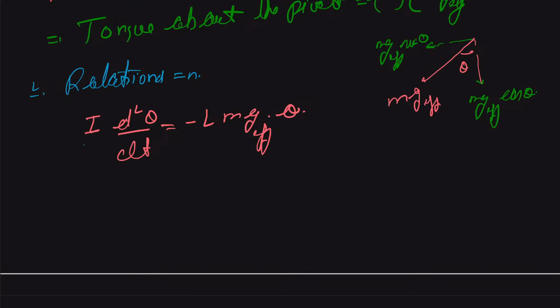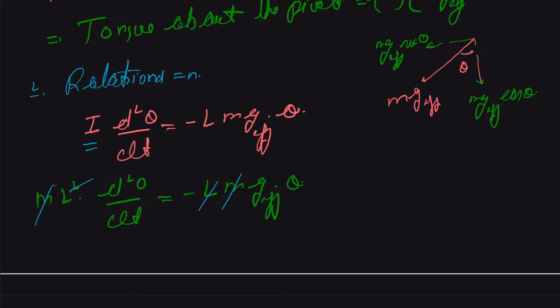Substituting I equal to ml square, we get ml square theta double derivative equal to minus L m g effective times theta, and here L goes by L, mass goes by mass.